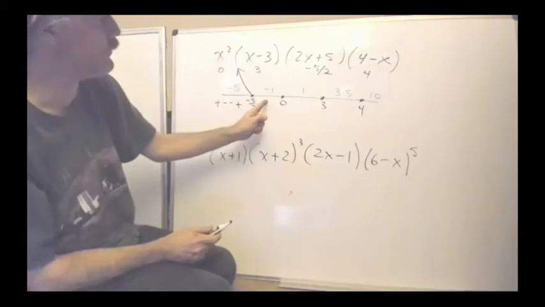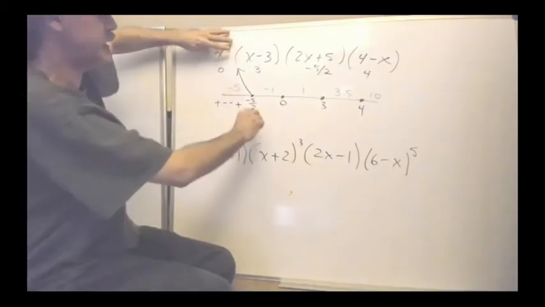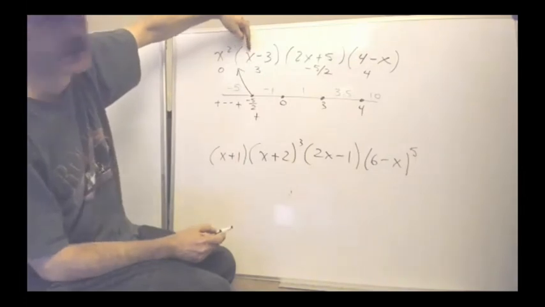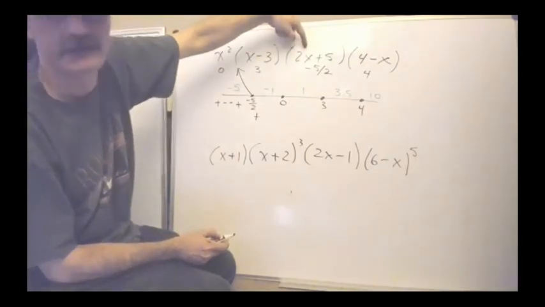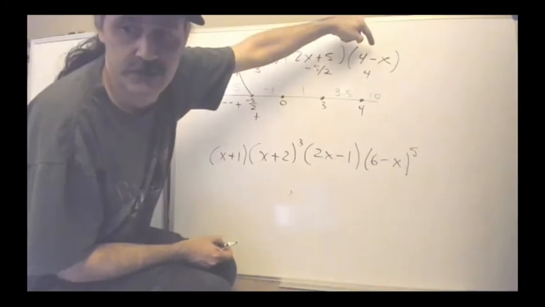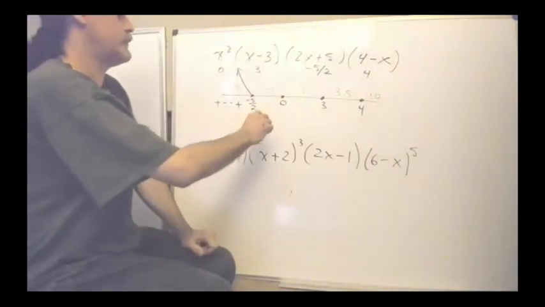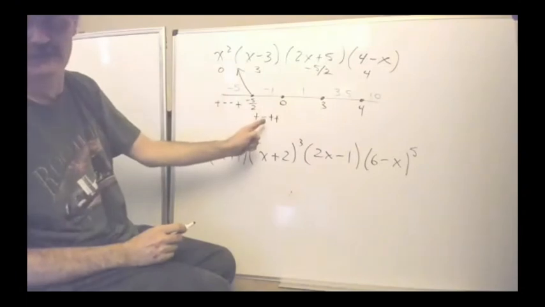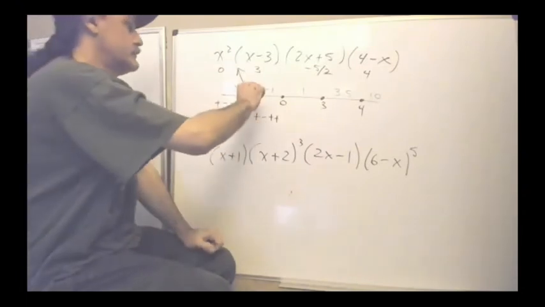Okay, and then -1. Again, x squared is always positive. Put a -1 here, you get a negative. -1 here, you get a positive. -1 here, you get a positive. Okay, we got 1 negative. Okay, so this is going to go down.